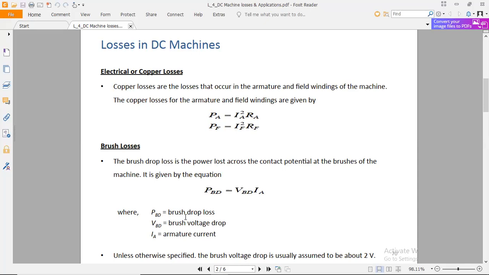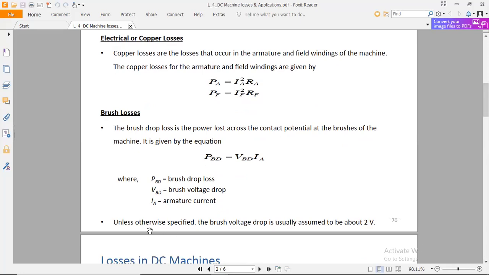That we call brush drop loss. So these are the three things we discuss in this formula: brush drop loss, brush drop voltage and armature current. Unless otherwise specified, the brush voltage drop is usually assumed to be about 2 volts. This is the minimum, negligible amount of voltage dropped between the commutator and carbon brushes during the arcing.